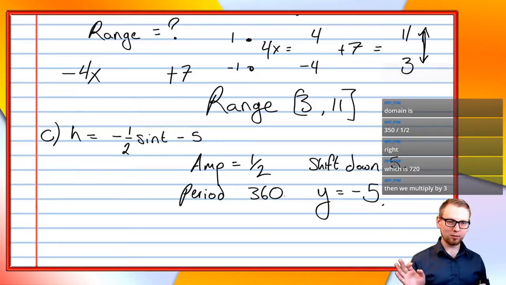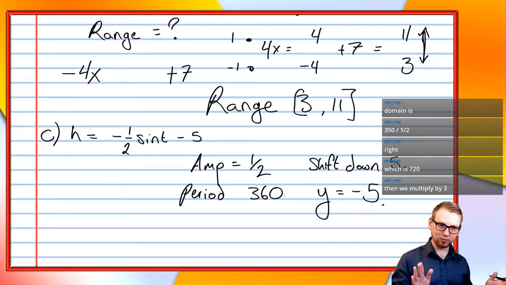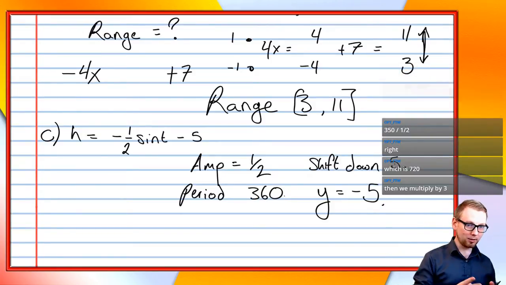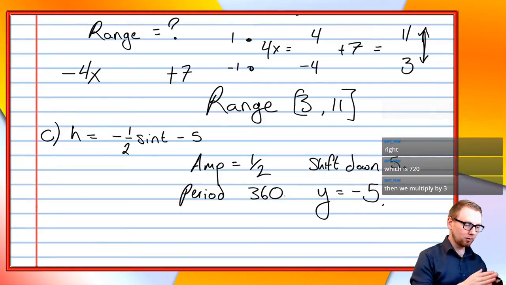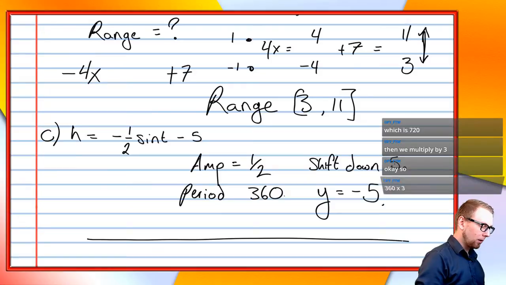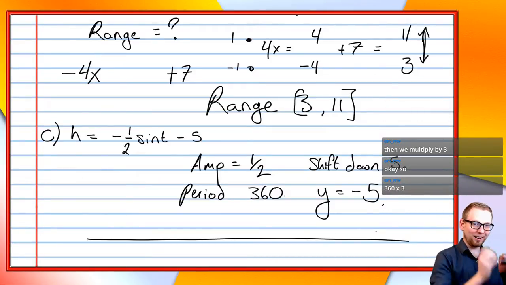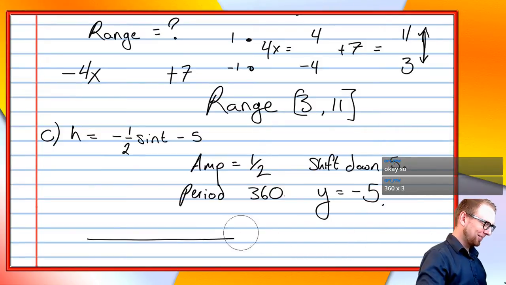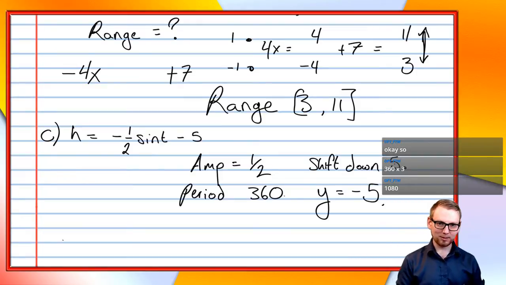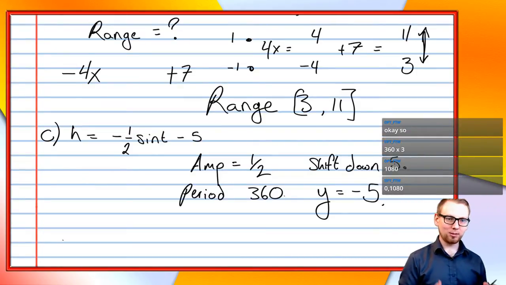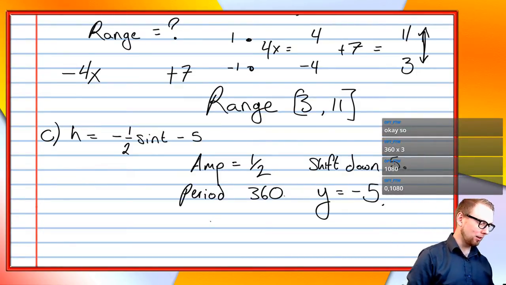Remember, the domain is how far it goes. We want 3 cycles. It doesn't matter how high it goes or how low it goes or anything like that. That's not the domain. The domain is all about how far it goes. 360 times 3. You got it. Remember, domain is the x value. 0 to 1080. Yes.